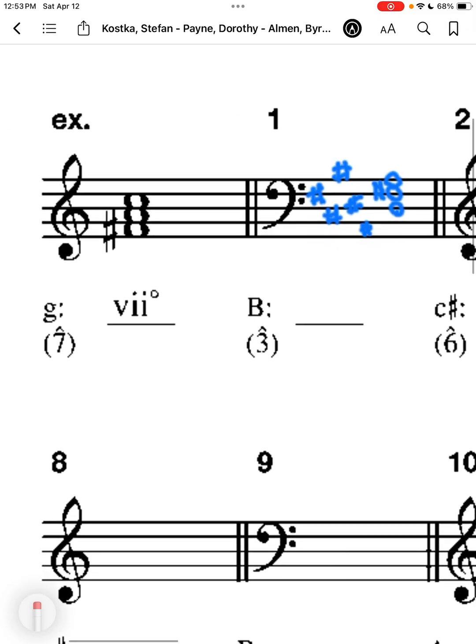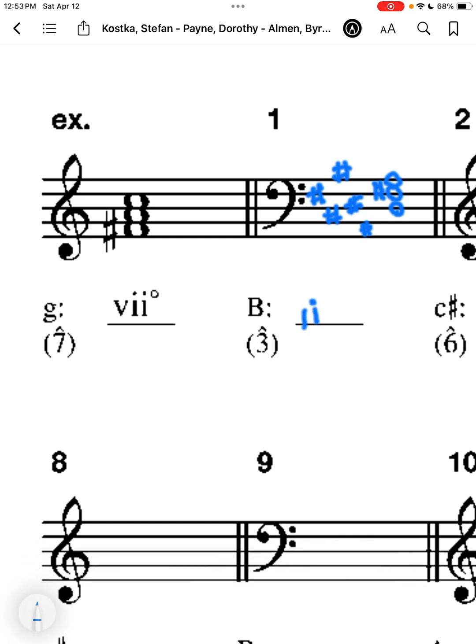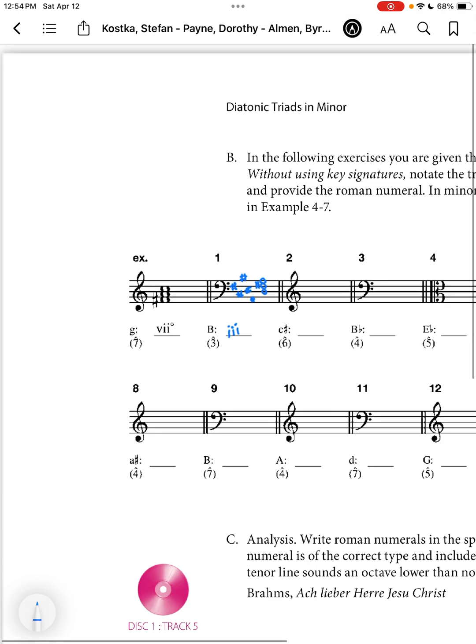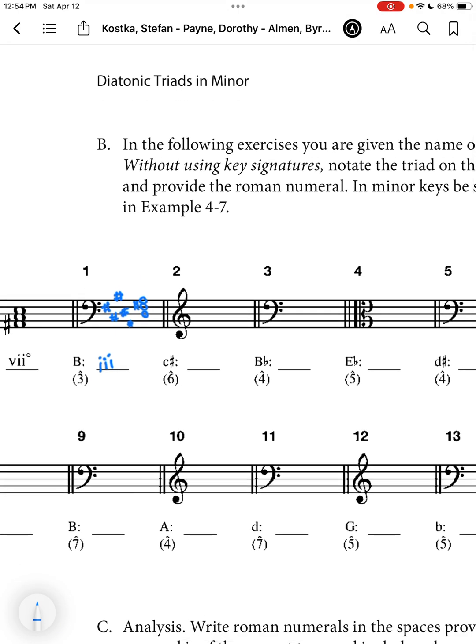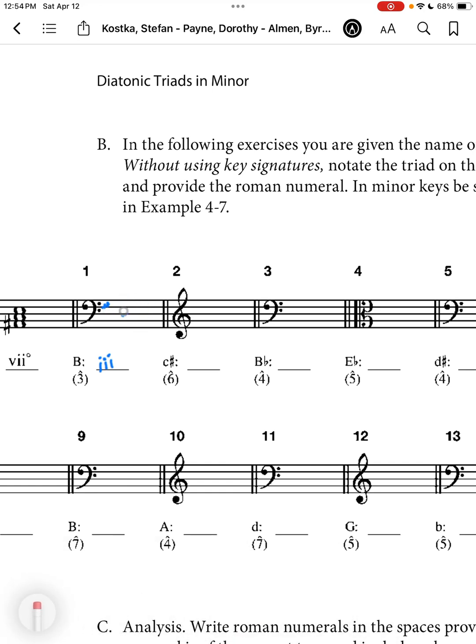And okay, I'll see what the Roman numerals are asking. And that's going to be a 3. Oh, without using key signatures. Oh, actually, oops. I'll erase that and make sure it's the right thing.